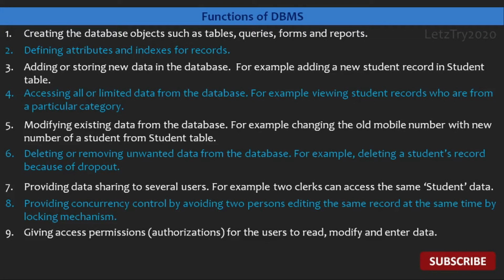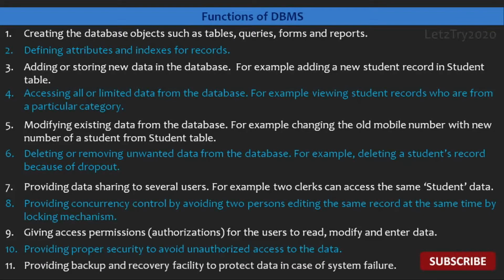Normal users have few permissions compared to the database administrators. 10th one, providing proper security to avoid unauthorized access to the data. It is done by password and thumb recognition. 11th one, providing backup and recovery facility to protect data in case of system failure. When the hardware or software of the database system fails, the data should not be lost.